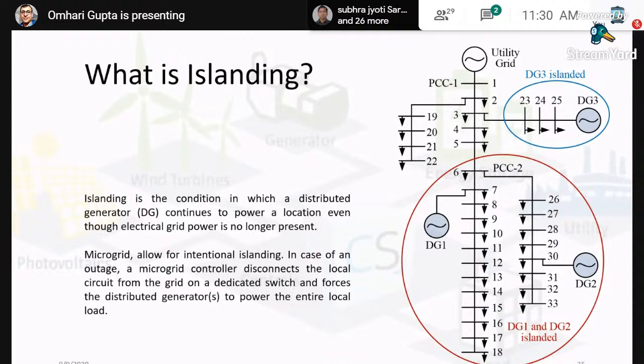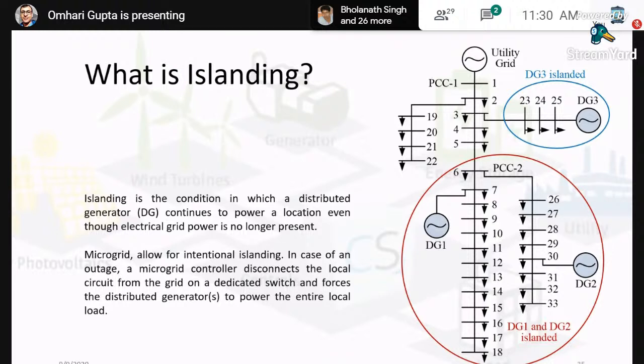Microgrids allow for intentional islanding. In case of an outage, the microgrid controller disconnects the local circuit from the grid at a dedicated switch and forces the distributed generation or generators to power the entire local load.